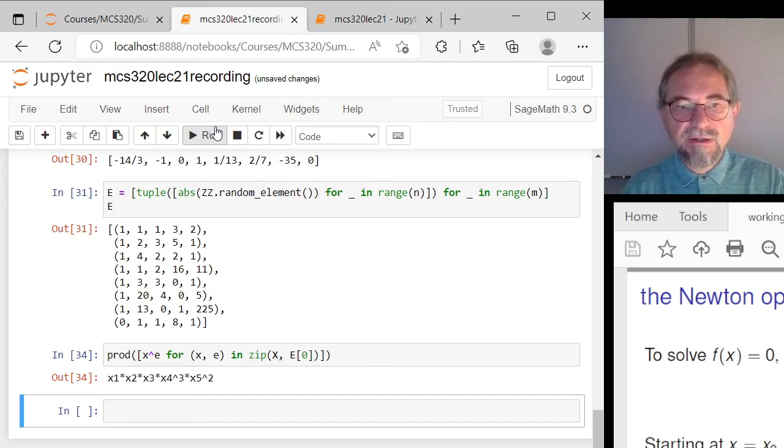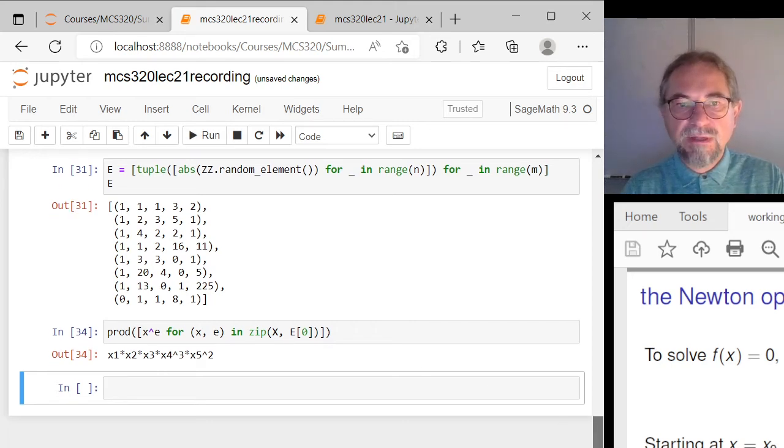I take the list of variables and the first tuple of my exponent vectors, so E naught. Now the little e runs over this list, so you see 1, 1, 1, then 3, 2, and the x runs over all the elements in x.